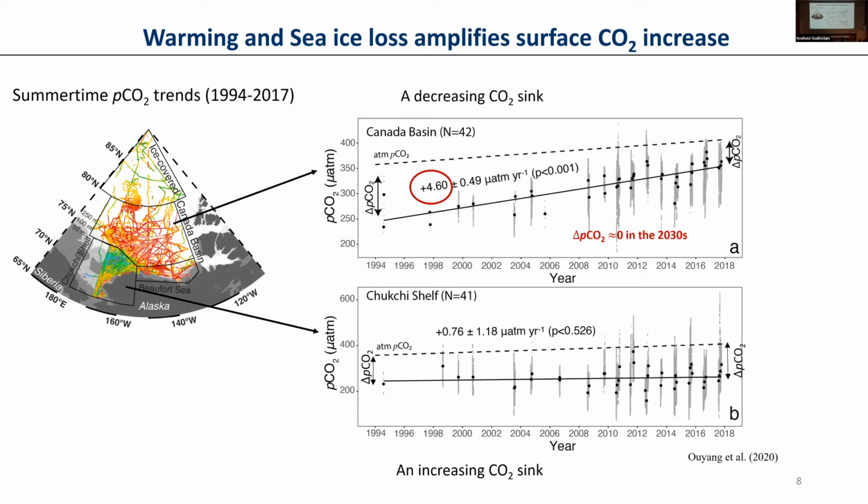As a result, the delta pCO2 quickly decreased. That suggests the Canada Basin is a decreasing CO2 sink. And if this trend continues, the delta pCO2 will decrease to near zero in the next 10 years. That means the Canada Basin will not take extra CO2 from the atmosphere.